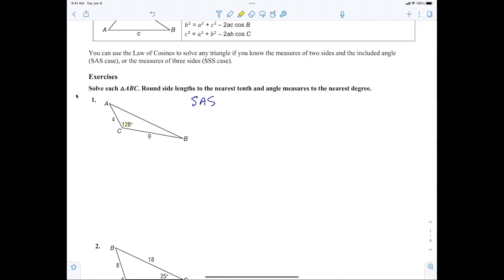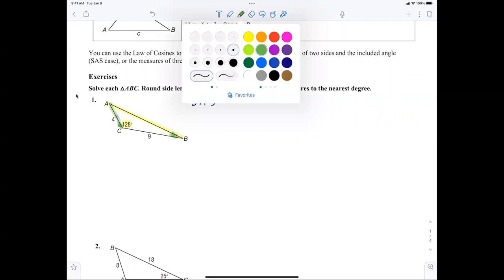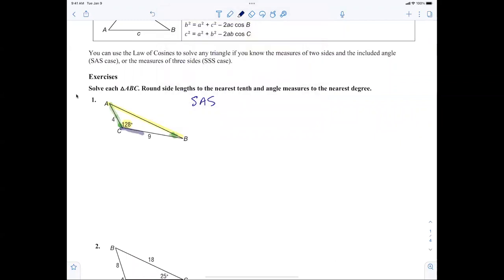Notice here, this angle and this side are related. Does everybody agree? We can't use law of sines because I don't know what that side is. Agreed? Or if I look at this side right here, I don't know this angle, so I can't use law of sines. Then the next thing would be to highlight this side is related to this angle.